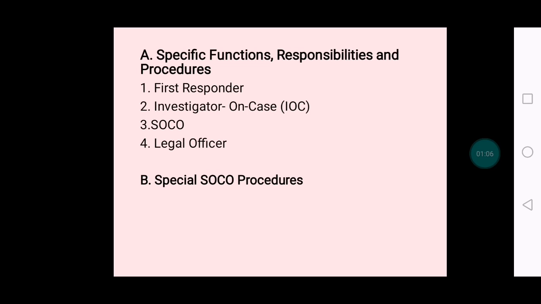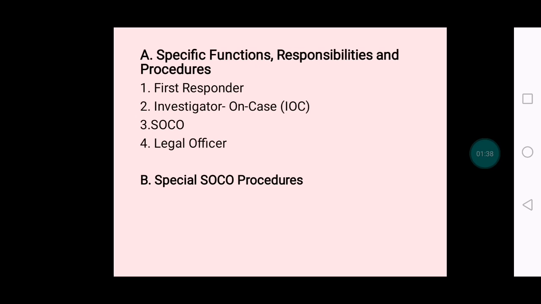Okay, so here are the specific functions, responsibilities, and procedures of investigation operations. Number 1 is first responder. The first responder is a police officer who is the first to arrive at the crime scene to provide initial police actions and information or complaint regarding gender-based violence cases.